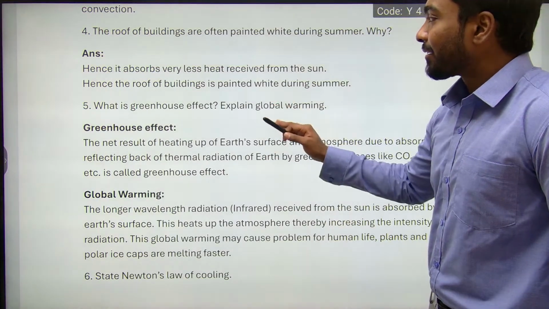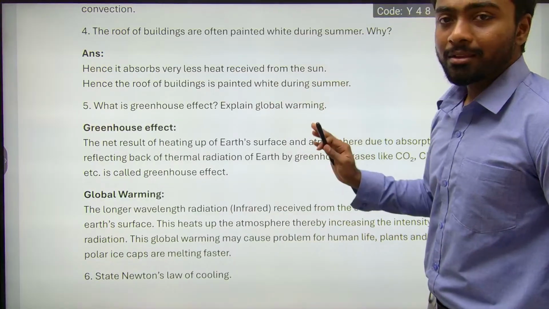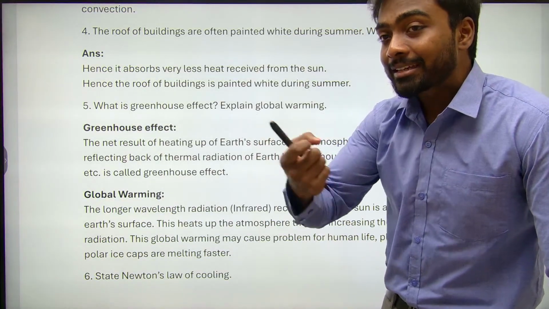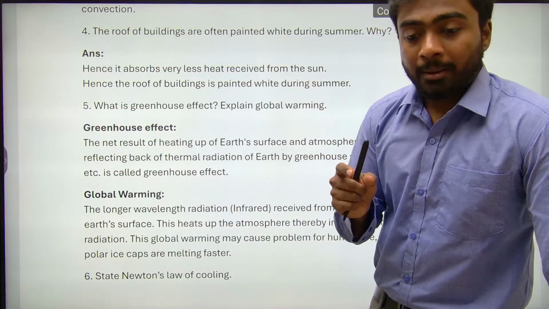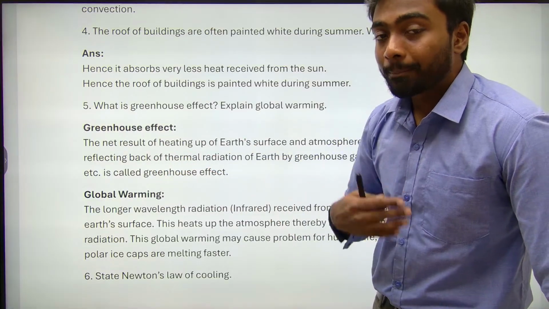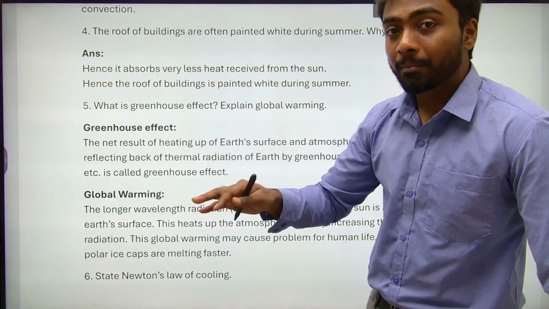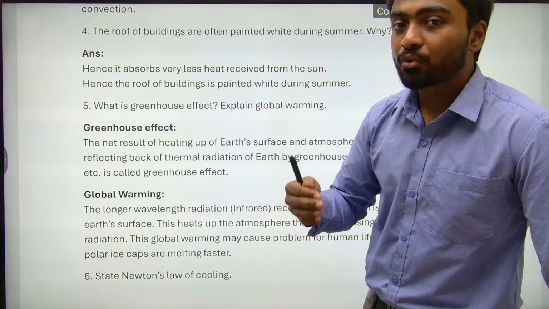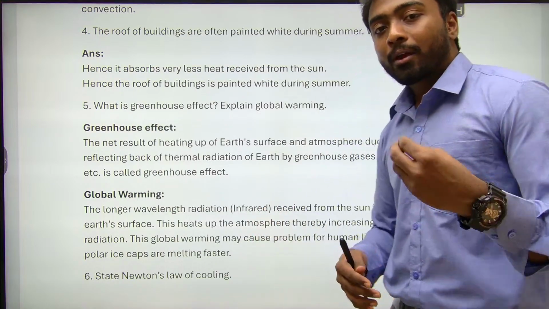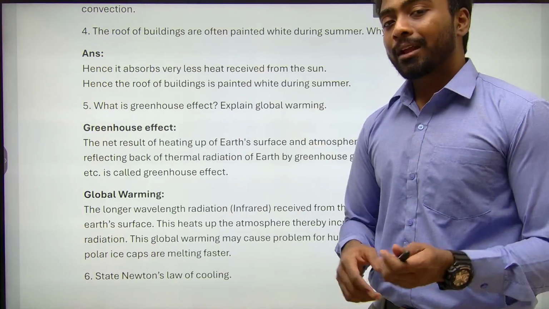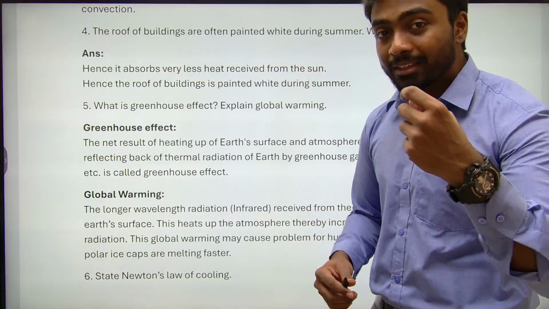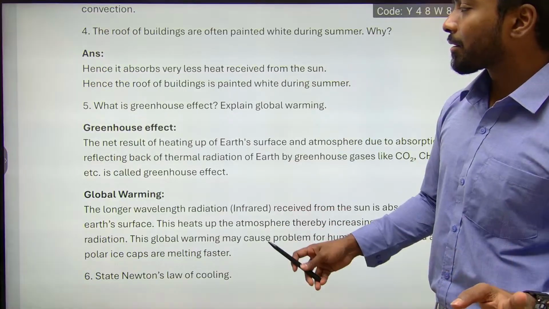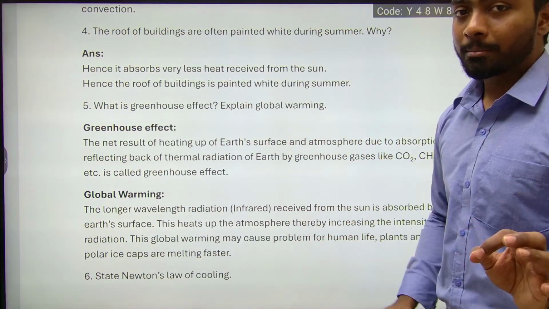Because a white roof absorbs very less heat received from the sun. Sometimes our parents tell us not to wear black. It is not a spiritual thing, there is science behind it. When we wear black, the absorption of heat is more, so they tell us to wear white or light colors. The radiation absorption of heat is more in black, that is the main reason. Hence the roof of a building is painted white during the summer.